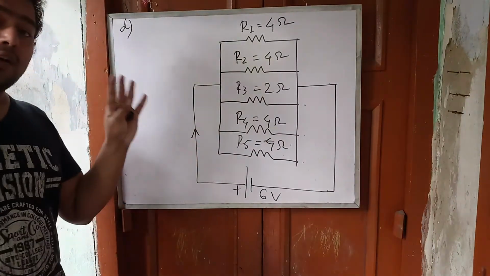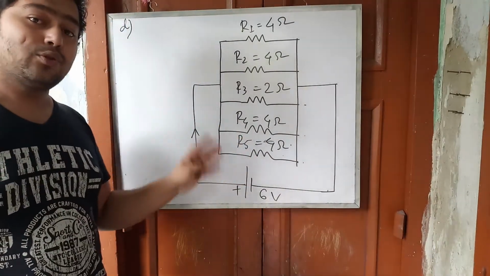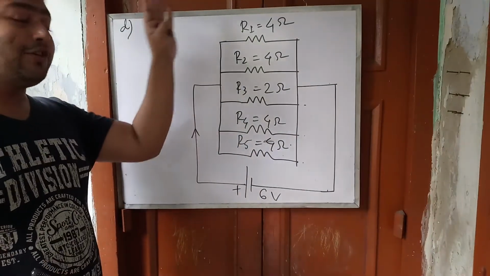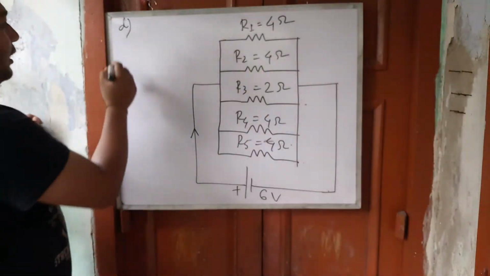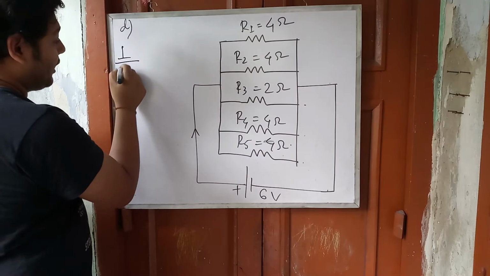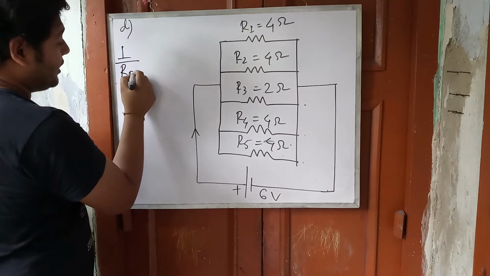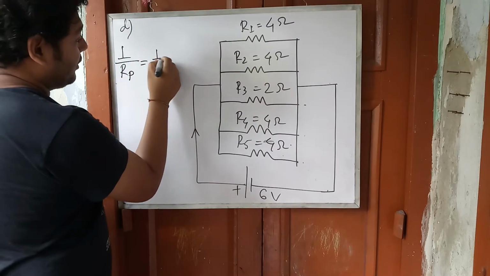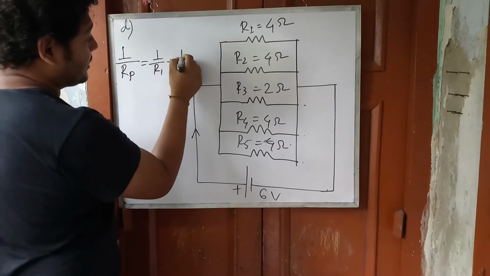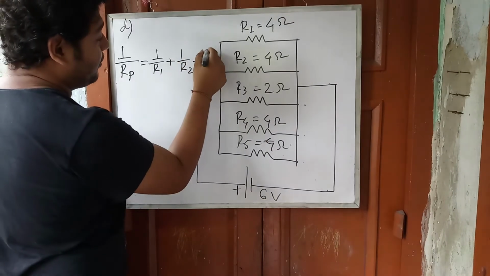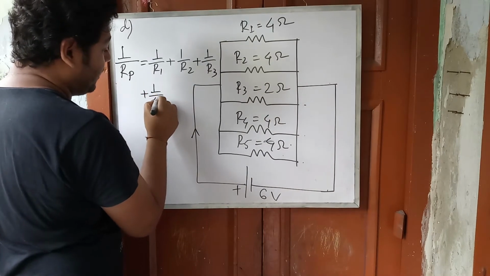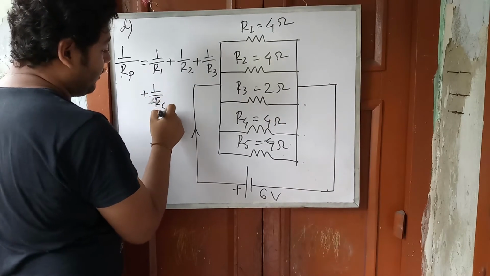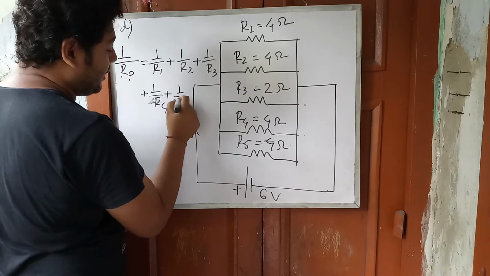For this circuit, our first work is to determine the equivalent resistance of these resistances, and that will be 1 by Rp equal to 1 by R1 plus 1 by R2 plus 1 by R3 plus 1 by R4 plus 1 by R5.